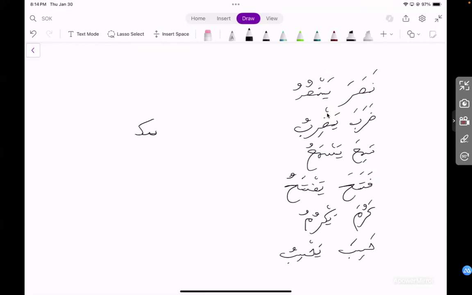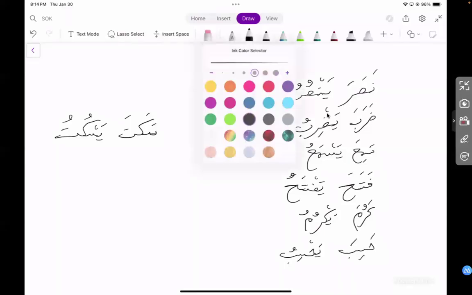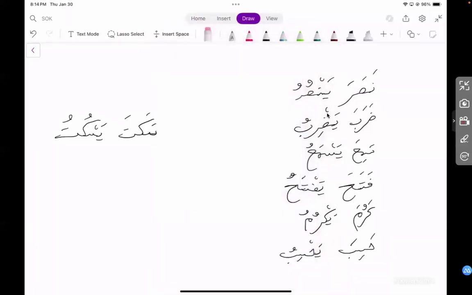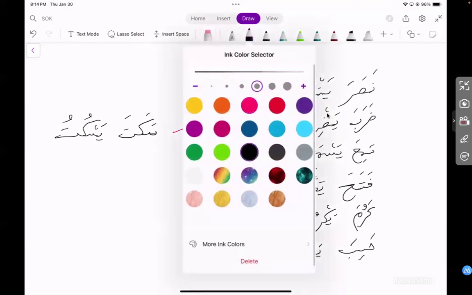Sakata has a mudari of yaskutu, so it falls under the first one, nasara yansuru. Pretty self-explanatory.